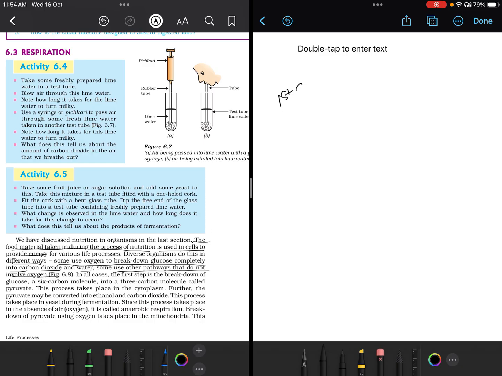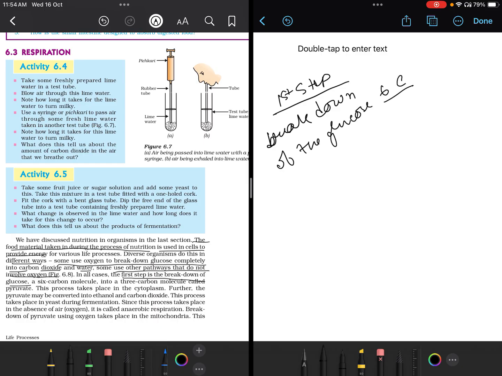But you remember the first step. The first step is the breakdown of the glucose. And glucose is a 6 carbon molecule. The formula you remember, C6H12O6.